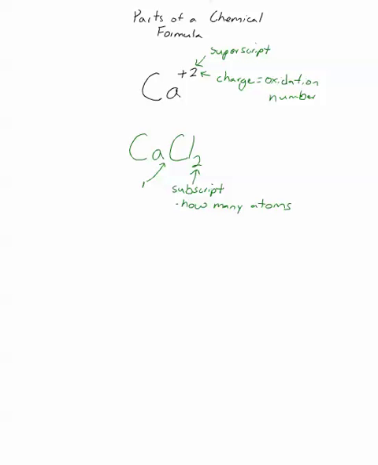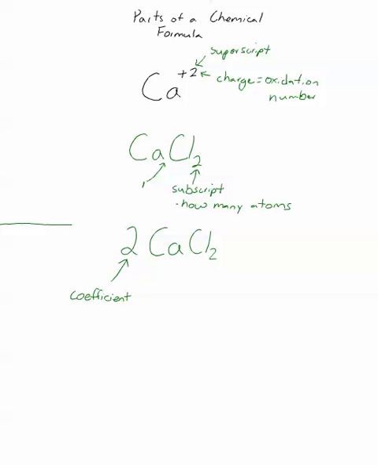Now, another thing that can be different is if you get something like this. Okay? Now, this number right here is a coefficient. Okay, so let me show you how this is different.